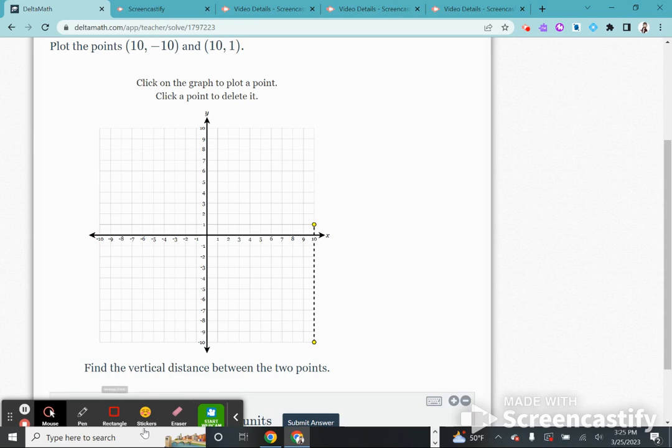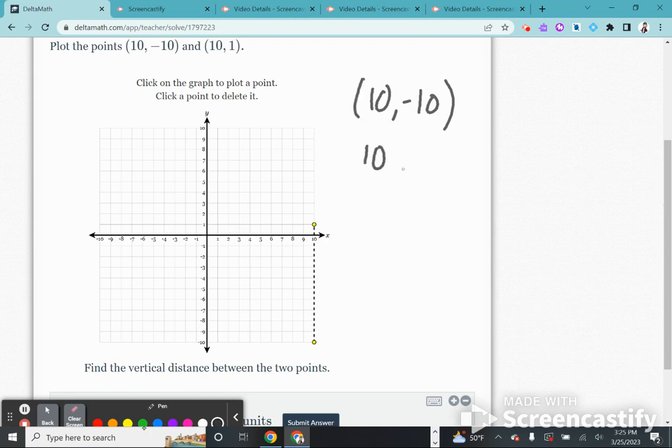And now I can go and again compare my points. I have 10 and negative 10. And I have 10 and 1.